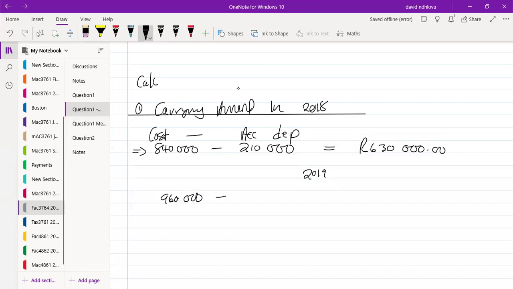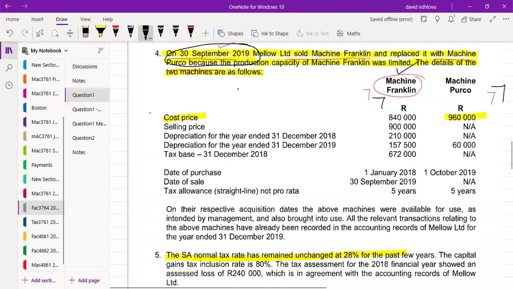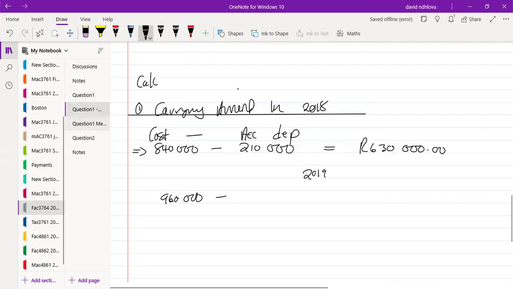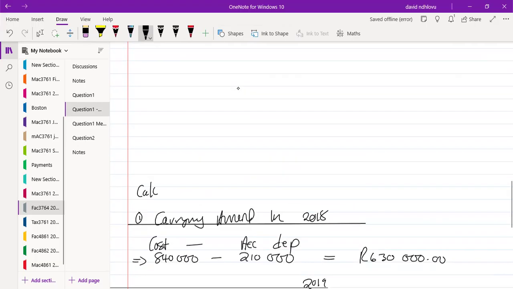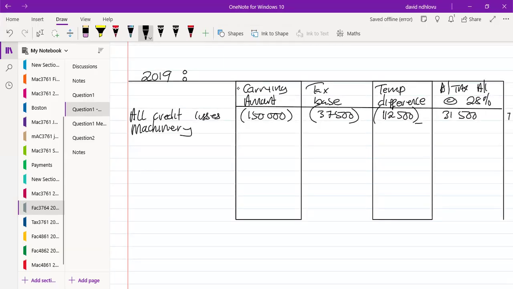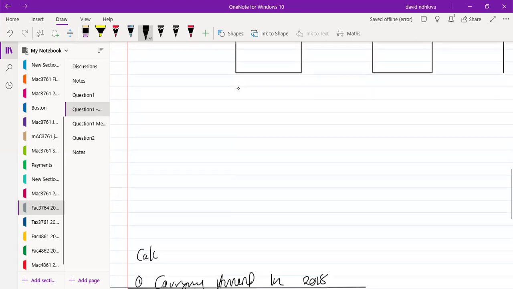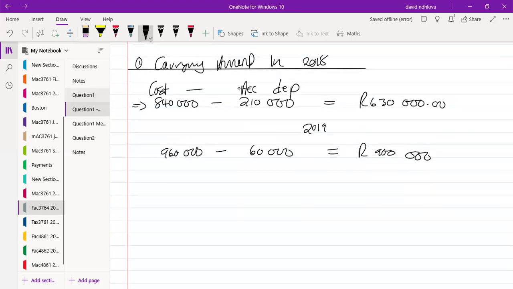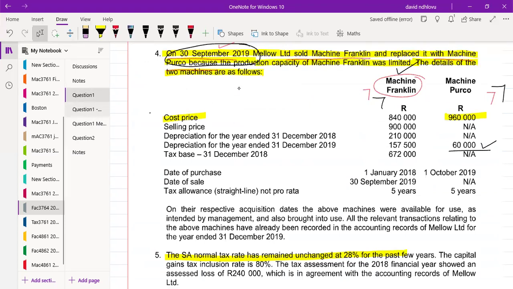It was bought towards the end of the year, in September, and the depreciation up to the end of the year is calculated as 60,000 for that machine. So therefore, we are saying 900,000 represents the carrying amount, which is the book value in accounting. We don't worry about the other machine. It's no longer there in 2019.